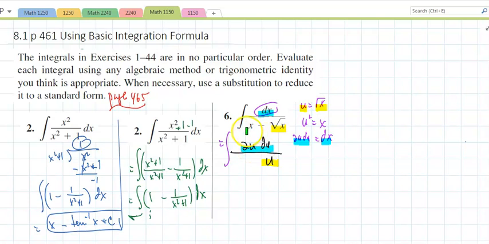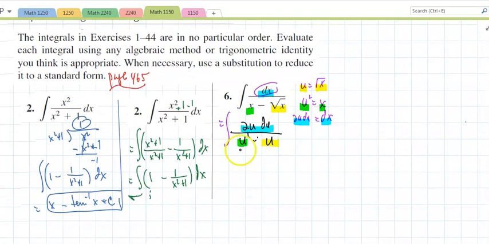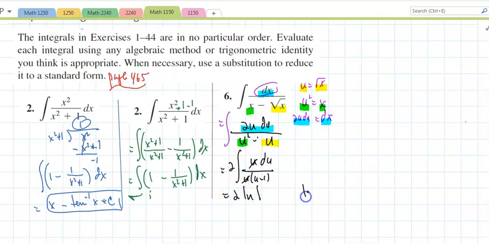And I have an x left, and I know what x equals, and that is u squared minus 1. And now if I play with this a bit, I'll say, wait a minute, I could take a 2 out, that's u du over u minus 1. Isn't that, if I factor u minus 1, those cancel out? Isn't that twice natural log of u plus c? Oh, u minus 1.